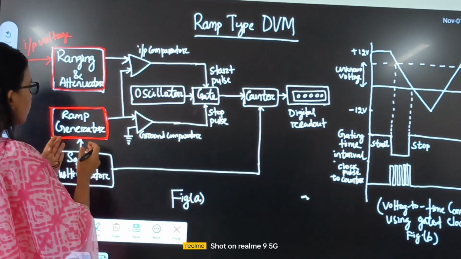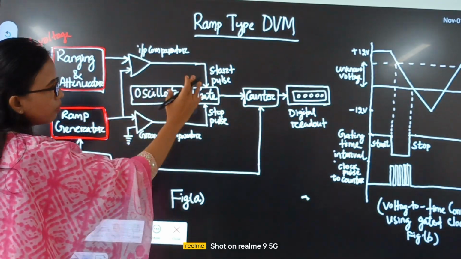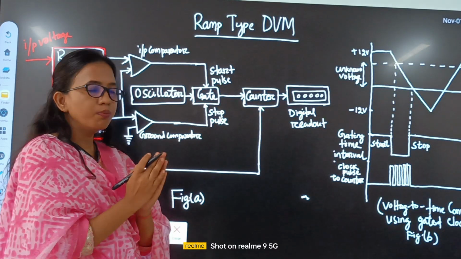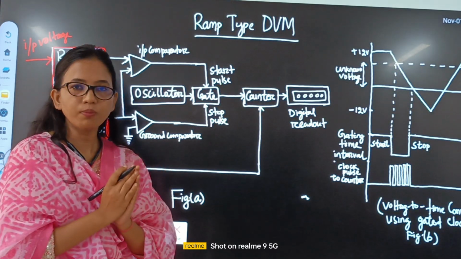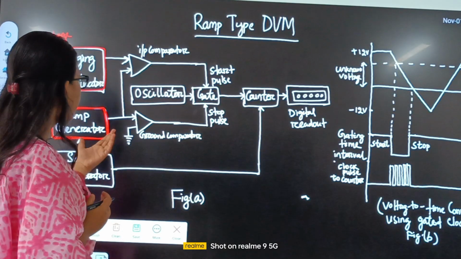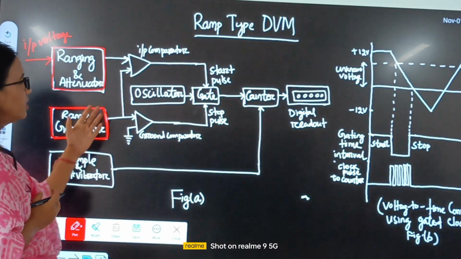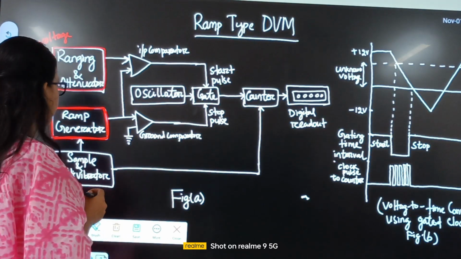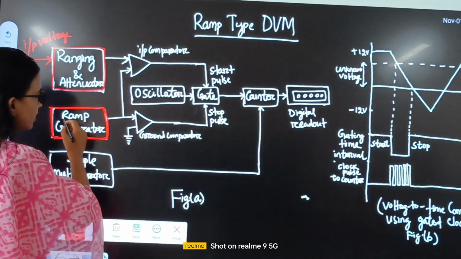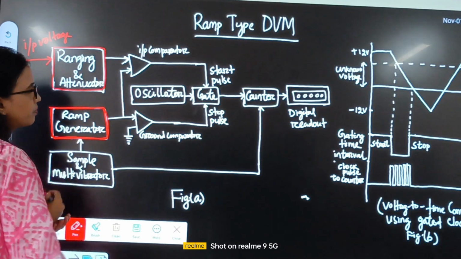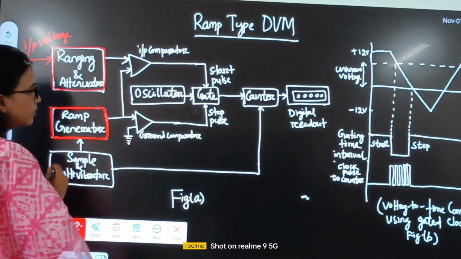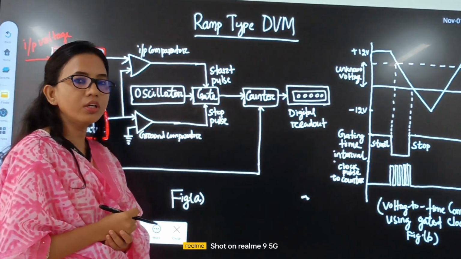So here we can see the total block diagram of the ramp type DVM. The heart of the block diagram is the ramp generator. Why? Because the ramp signal which is generated from the ramp generator is given to the comparator.